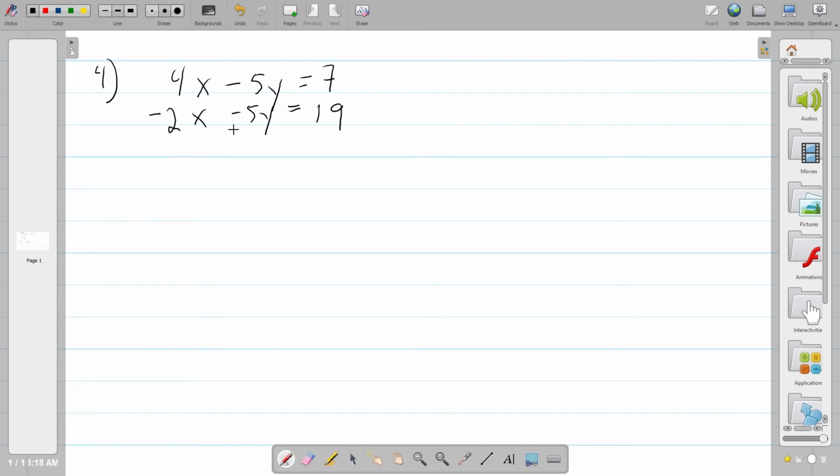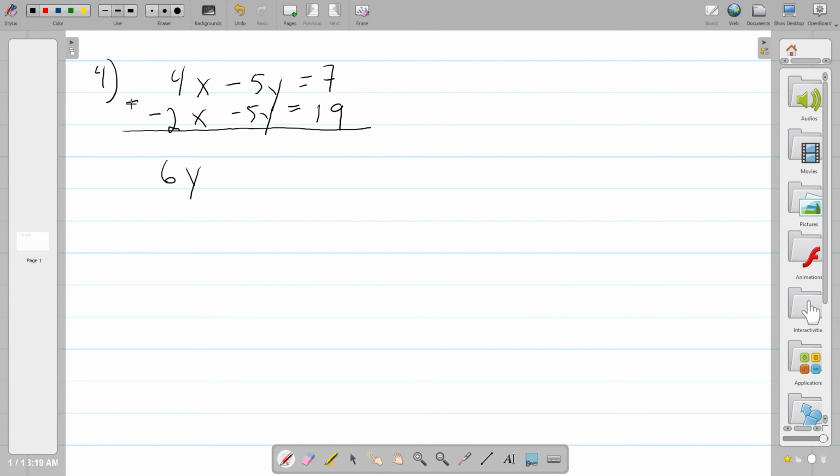We have negative 5y and negative 5y. If we add them, that would give us negative 10y. But if we subtract negative 5y minus negative 5y, a negative and a negative is a positive. So 4 minus negative 2, that becomes 6x. Okay, double negative, that becomes a positive.